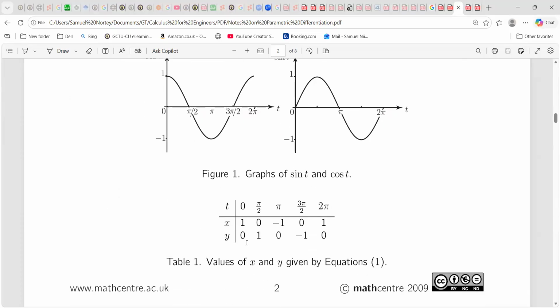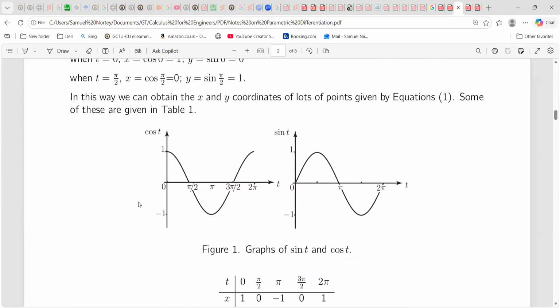These are the table values of this graph. The values of t go from 0 to pi on 2, that is 90 degrees, to 180 degrees, to 270, and 2 pi. So x is oscillating between 1 to 0 to -1, and it comes back to 1. And y is oscillating between 0, 1, 0, -1, and 0. So values of x and y are given in the table below.